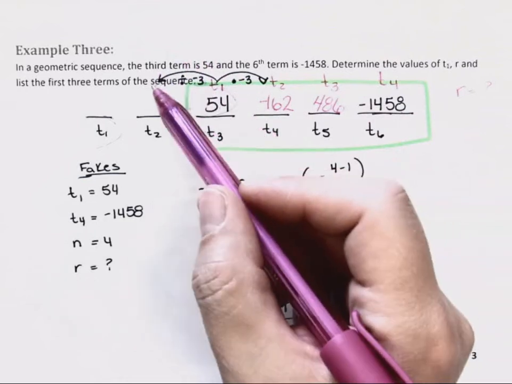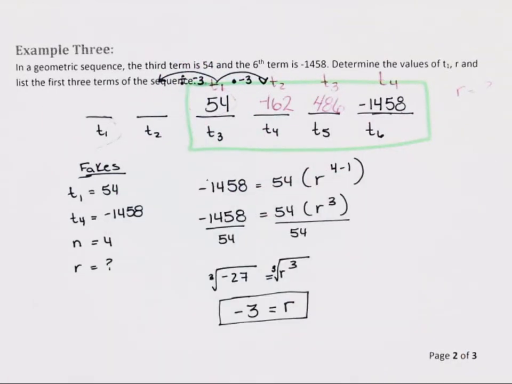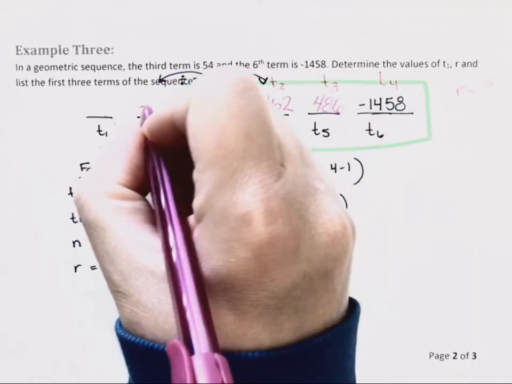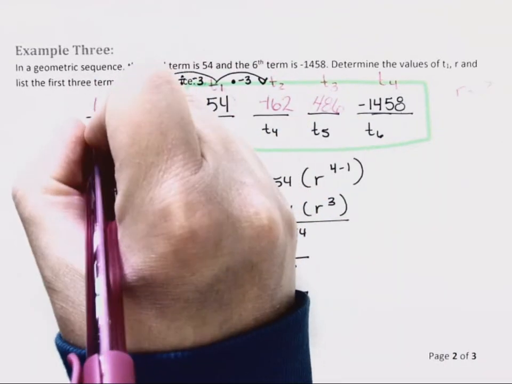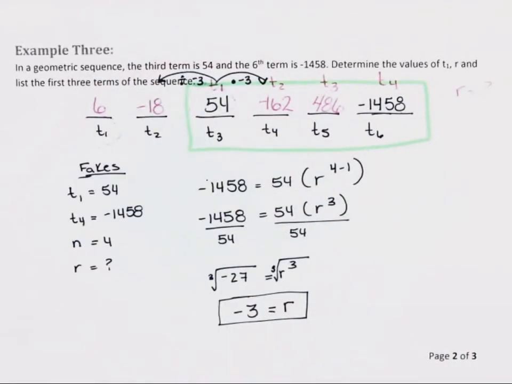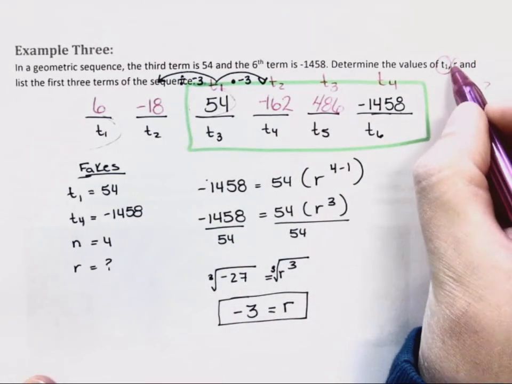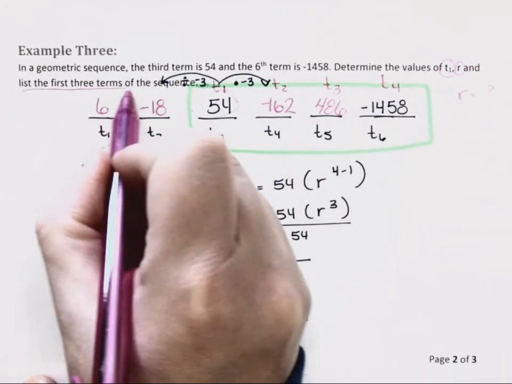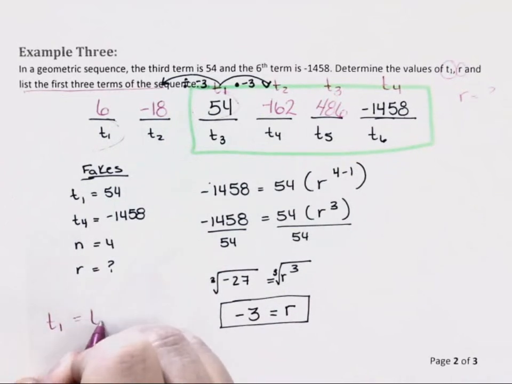But now I got to work backwards. So working backwards means I'm going to divide. 54 divided by -3 is going to give me a -18. And -18 divided by a -3 is a +6. So the question asked for, find the values of T1, R, and list the first 3 terms. So T1 is 6.